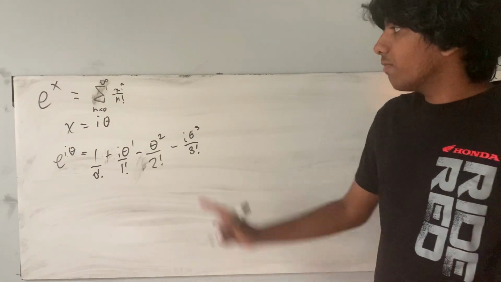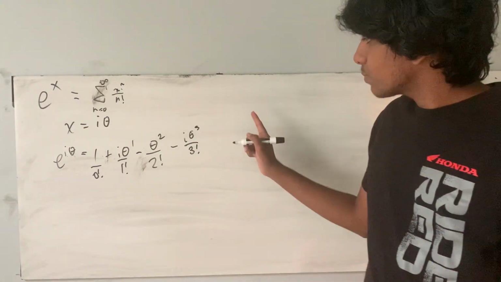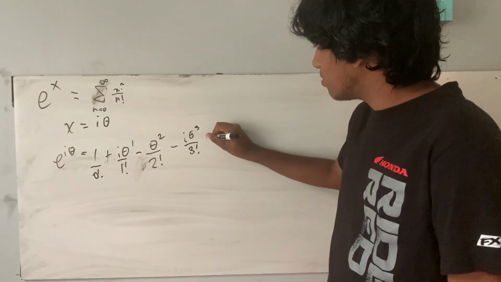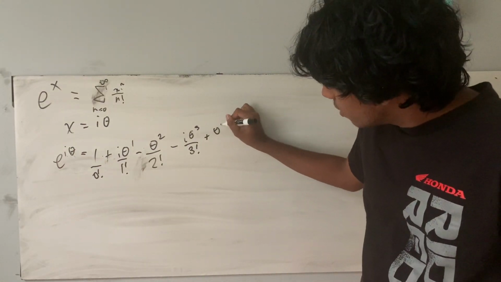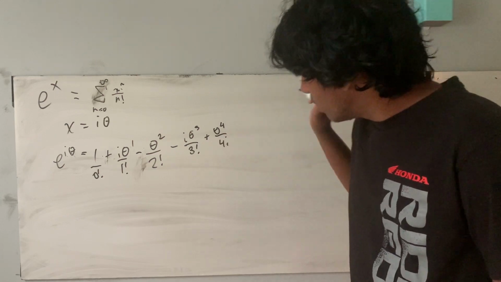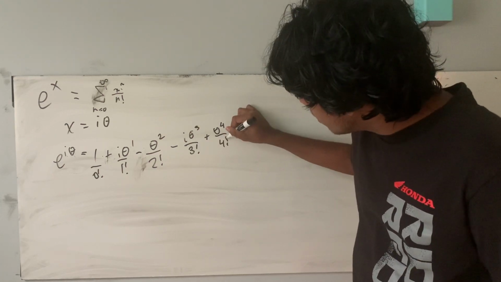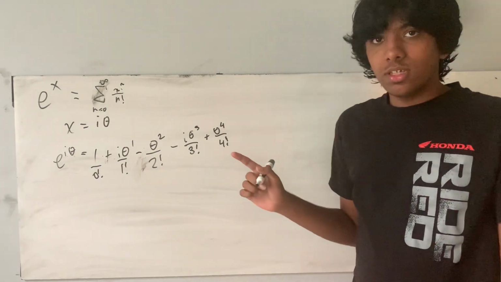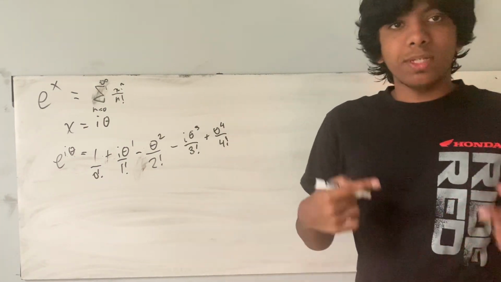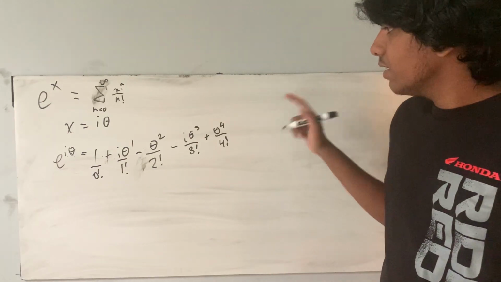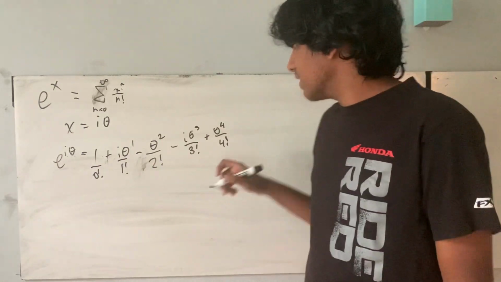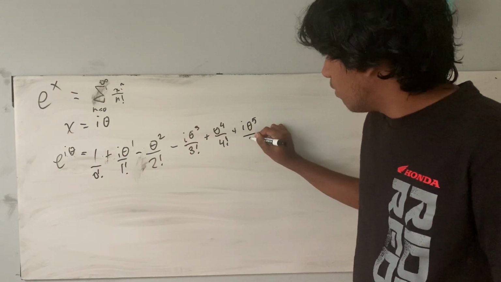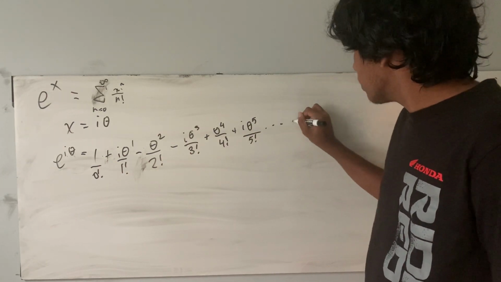Let's keep going. i to the 4th is 1, so that's plus theta to the 4th over 4 factorial. Now the 5th one too, because why not? i to the 5th is again i, because it repeats every 4 powers, so plus i theta to the 5th over 5 factorial, and so on.